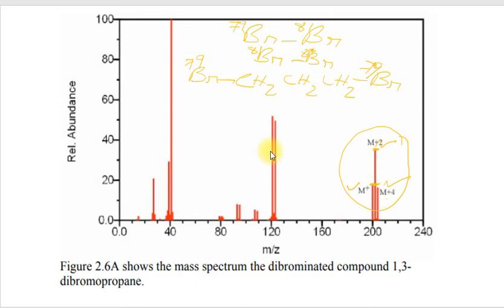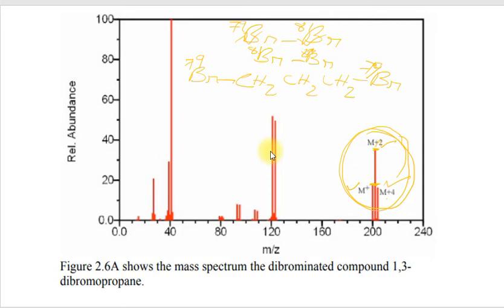That is because the probability of getting bromine 79 and bromine 81 is double that of having bromine 79 79 or bromine 81 81. So when you get this nature of peaks, you can easily conclude that it is a dibromo compound.